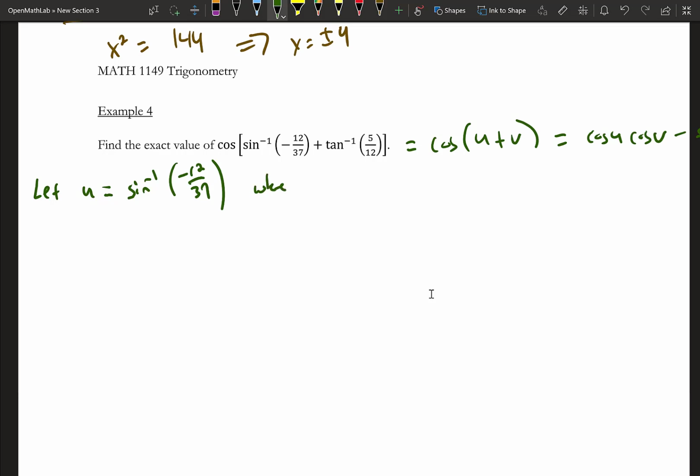Where u is in between negative pi over 2 and pi over 2, right? So this would give me that sine of u is equal to negative 12 over 37.